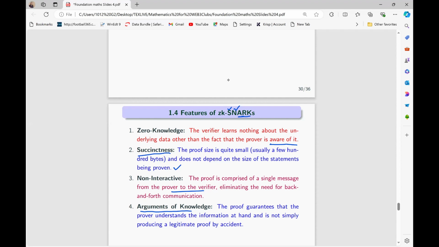So that is what argument of knowledge means. And therefore the word ZK-SNARKs. That's what that word means, ZK-SNARKs.